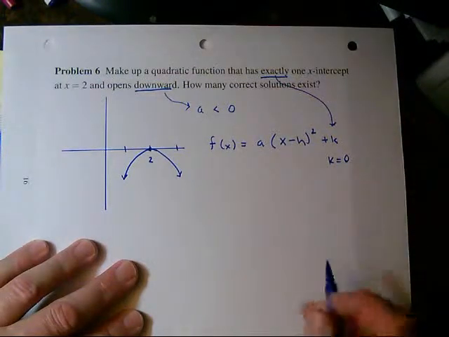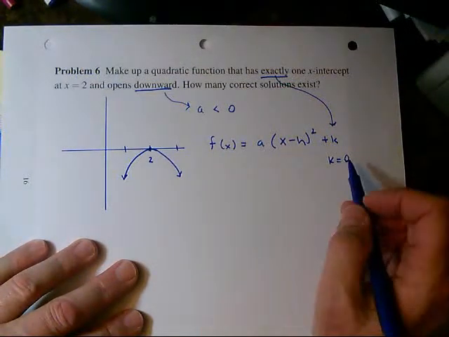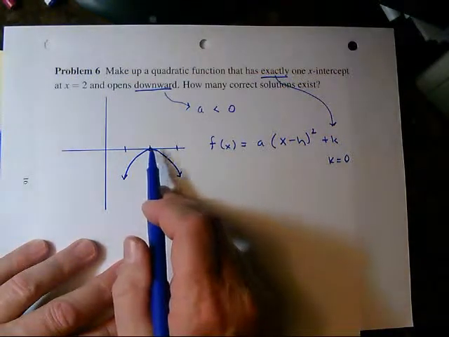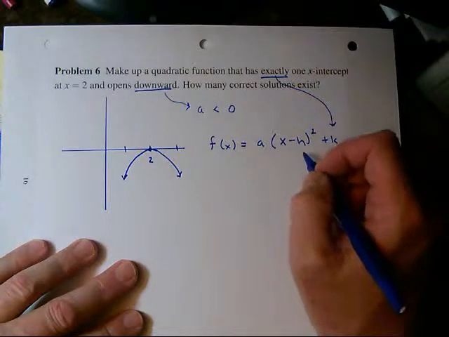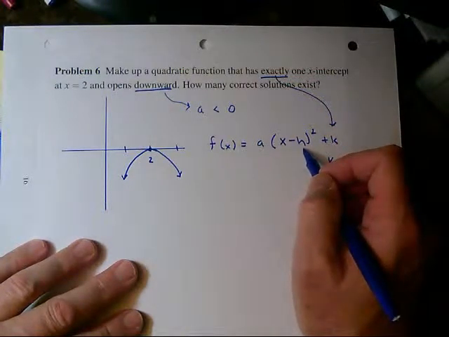Exactly one x-intercept means that k is 0, because if k is 0, that means that we have the vertex right on the x-axis.